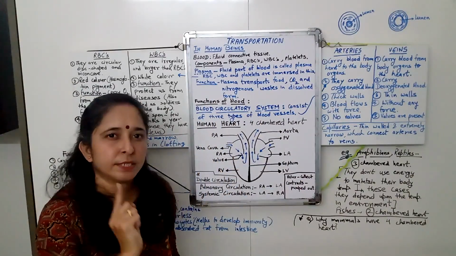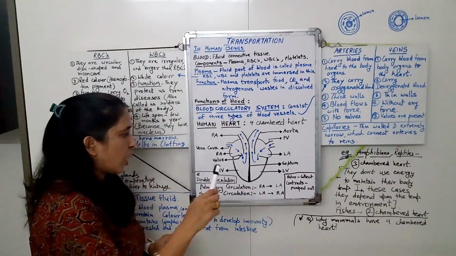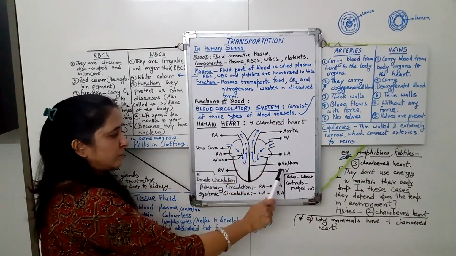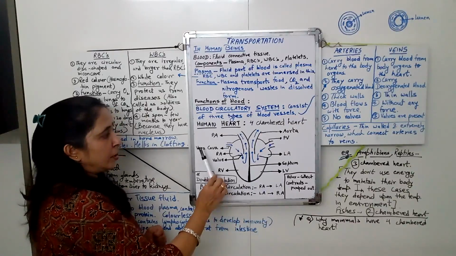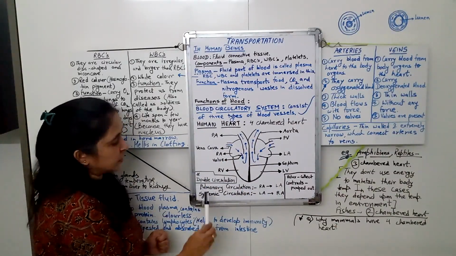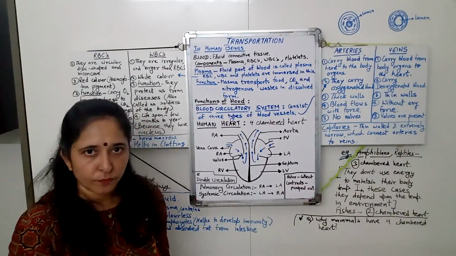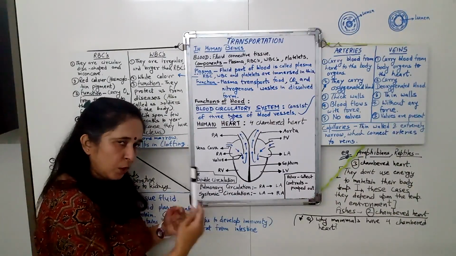That is called double circulation. Twice it enters into the heart. Okay. Now, this whole circulatory function is carried out in 2 steps. That is the pulmonary circulation and systemic circulation. Fine. So, first one by one we will go.